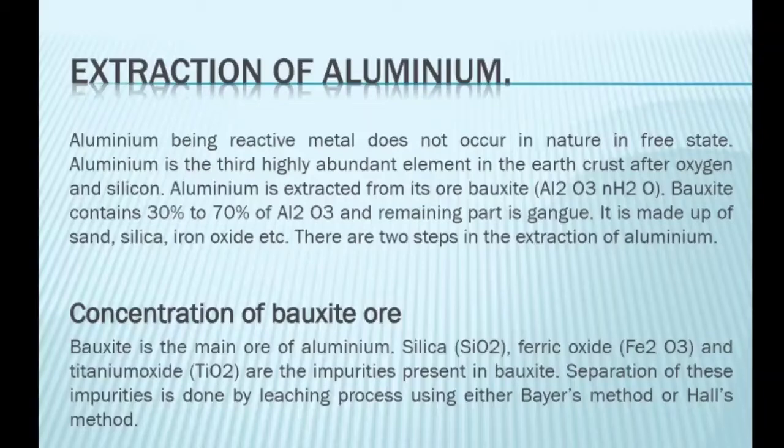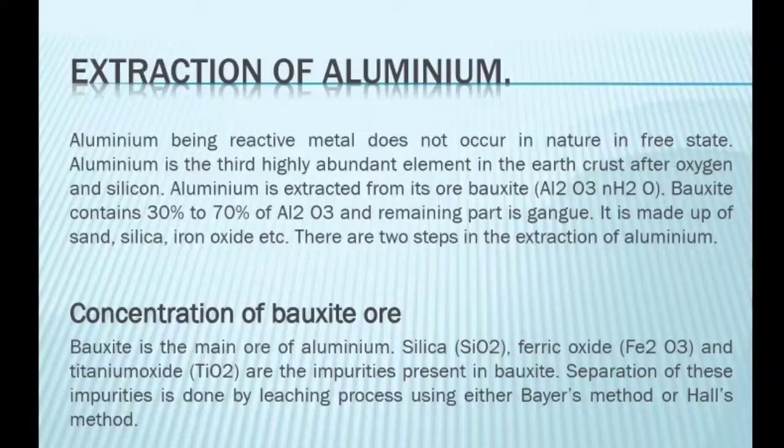However, silica, that is silicon dioxide, in the gangue dissolves in aqueous sodium hydroxide to form water-soluble sodium silicate. Aqueous sodium aluminate is diluted by putting in water and is cooled to 50 degrees Celsius. This results in the precipitation of aluminium hydroxide.